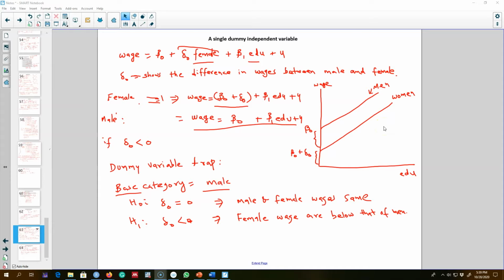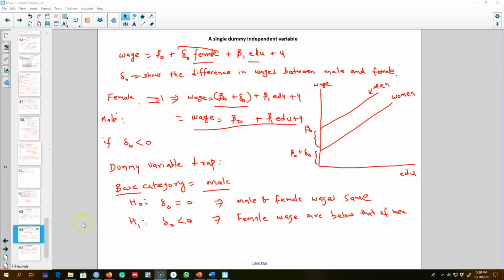And we can represent this type of relationship by interacting dummy variables with other explanatory variables that are not dummy variables. For example, in this case, the other explanatory variable is education, and we can interact this gender dummy variable with this variable to show differences in slope.